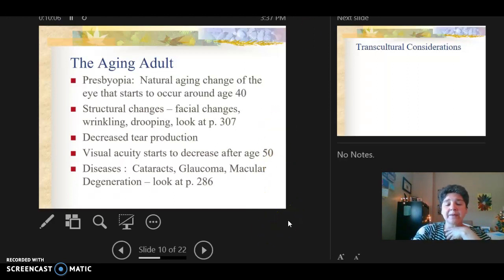Glaucoma is a pressure that builds up in the eye, and it can affect the vision. Macular degeneration, there really is no cure for this. These people gradually lose their eyesight over several years until the point where they're considered legally blind. If you look at page 286, it talks about these conditions.